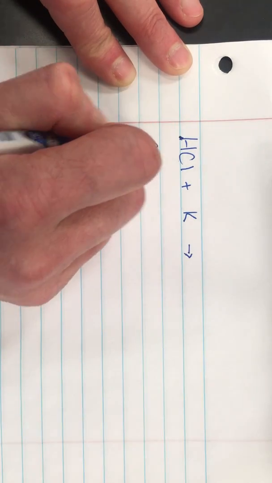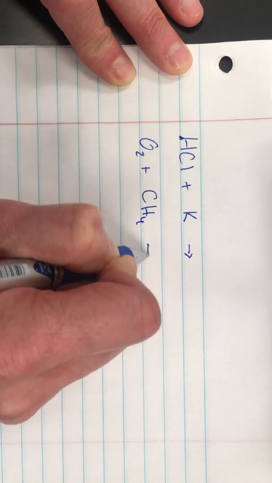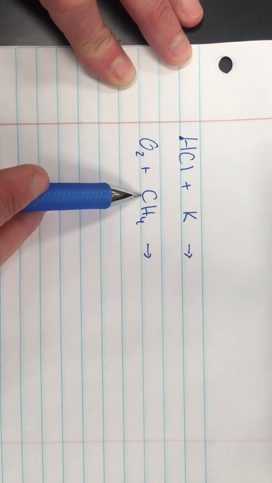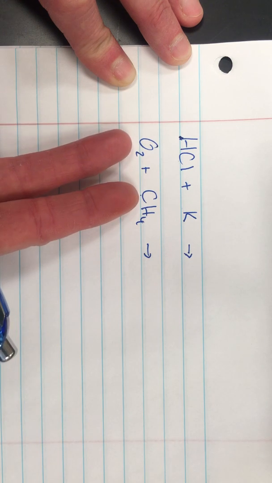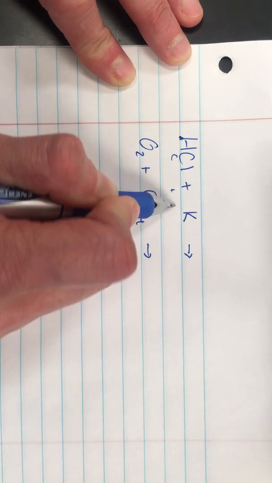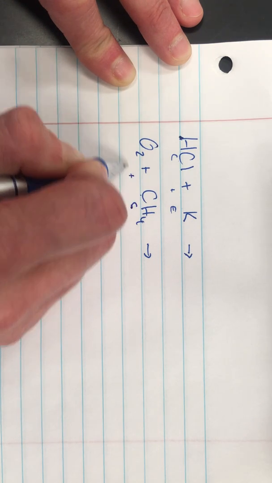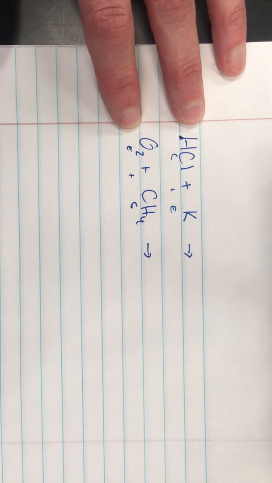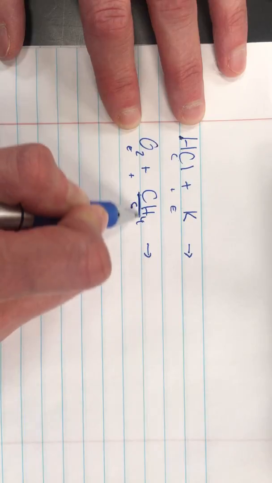I'd like to show you oxygen plus a hydrocarbon. This is also an element reacting with a compound. It doesn't matter the order that I write them in. This is a compound plus an element. This is a compound plus an element. So they look similar. But what you need to watch out for is that this is a hydrocarbon.